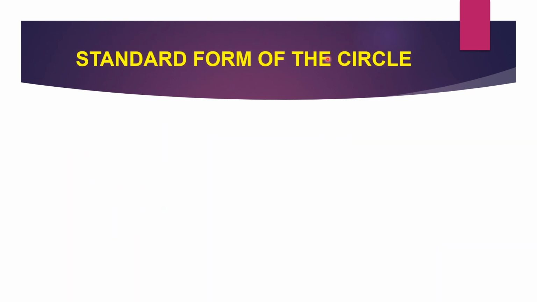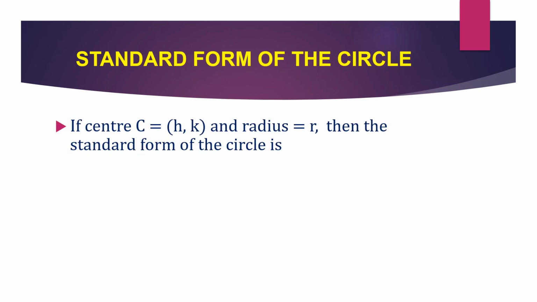The next, standard form of the circle. Here, if center C equal to (h, k) and radius equals r, then the standard form of the circle is (x minus h) whole square plus (y minus k) whole square equal to r square. First of all, we find the distance from the fixed point to C(h, k), and squaring on both sides.